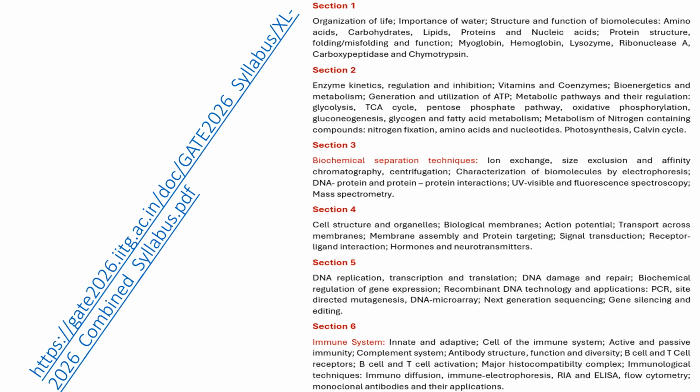If you see the first unit, we have different biomolecules. Then in the second unit we have enzyme kinetics as well as metabolic biochemistry. Third, we have different types of biotechniques, and fourth we have cell structure, protein targeting and transportation, cell transduction, and signaling systems, you can call it.